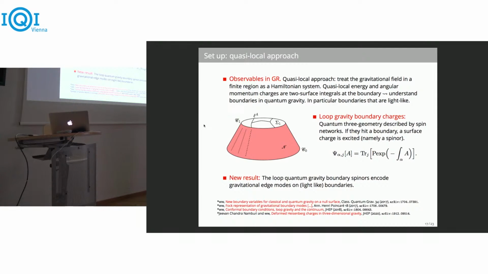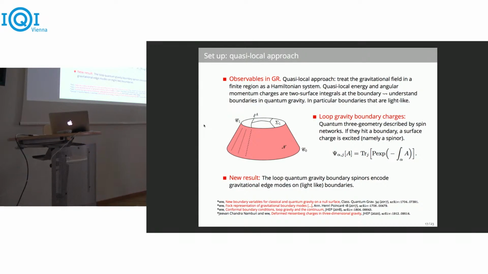But these Wilson lines live in a representation of the underlying gauge group. So what happens is that at the open end of this Wilson line, a charge is created. A charge that transforms under all the gauge symmetries, which are internal Lorentz transformations, but also diffeomorphisms that move the boundary.